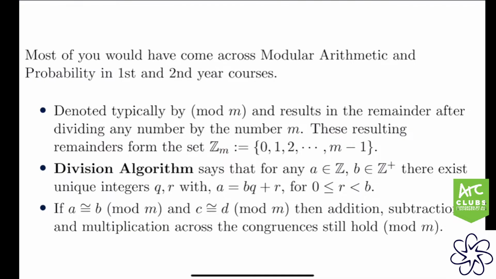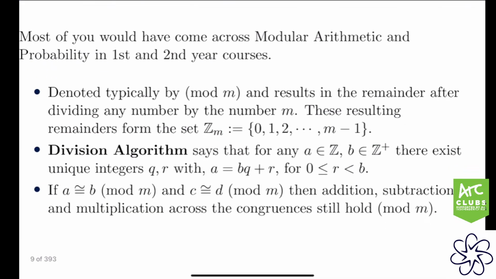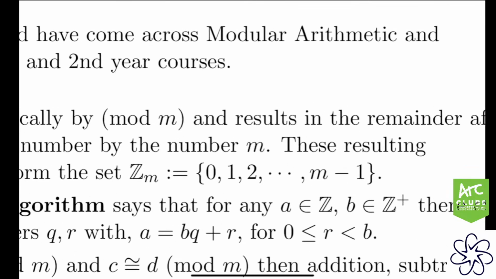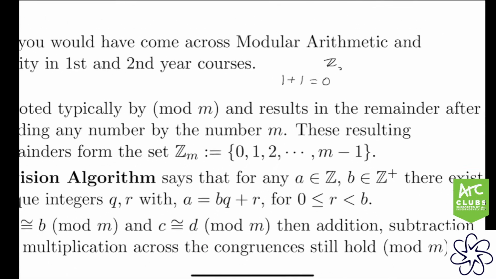The remainders form the set of integers from 0 to m minus 1. For example, if we're doing binary, we're going to be doing 1 plus 1, and if we're working in Z2, this is going to equal 0, as 2 is equal to 0 mod 2.